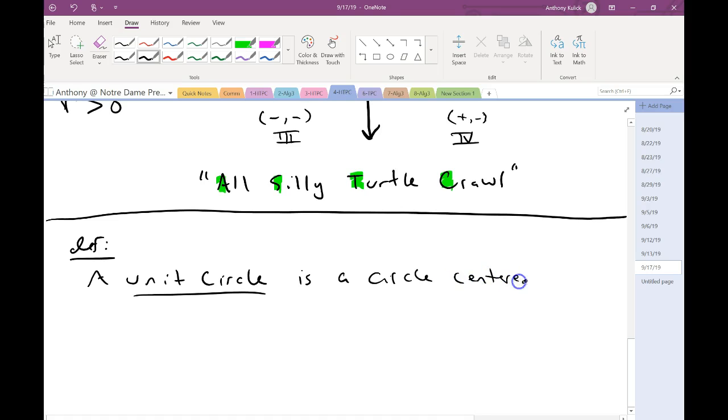And a unit circle is centered at the origin, and it has a radius of 1.